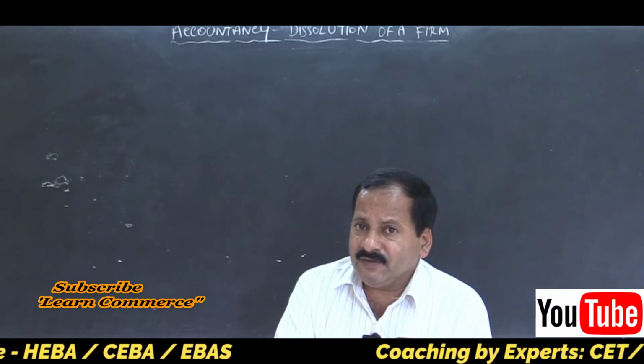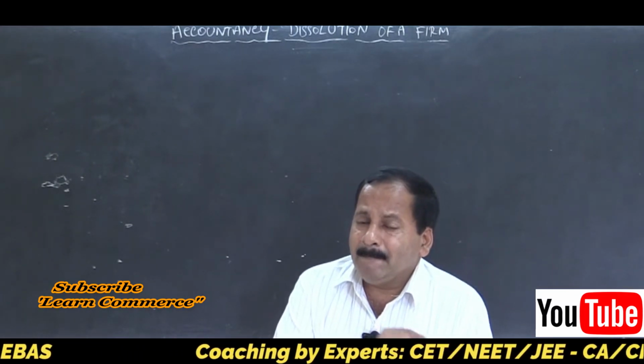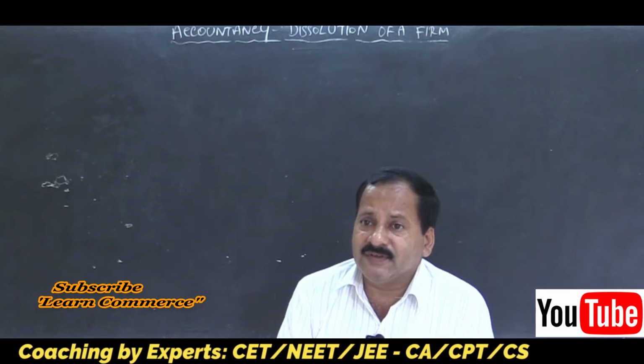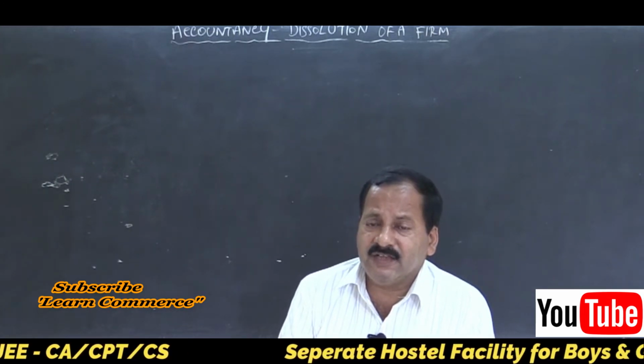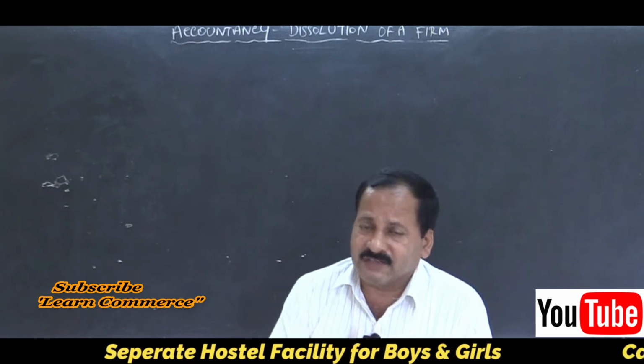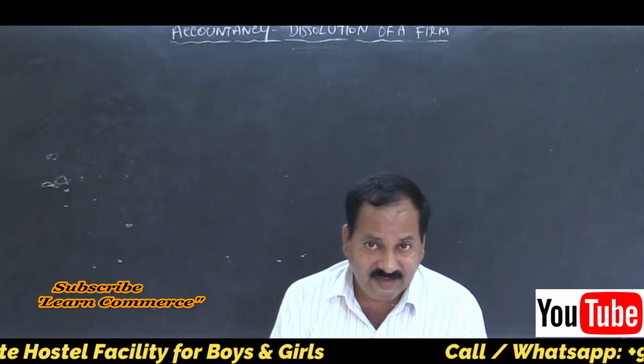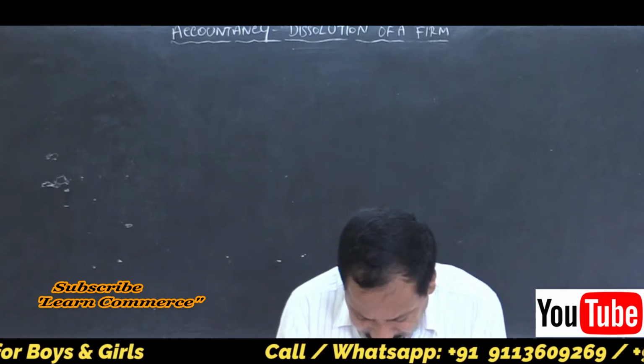Write the creditors balance minus this amount, whichever is taken over by the creditors, and make payment of the net amount. That's all. So only one treatment for this. Clear? So that is what we have to do here.